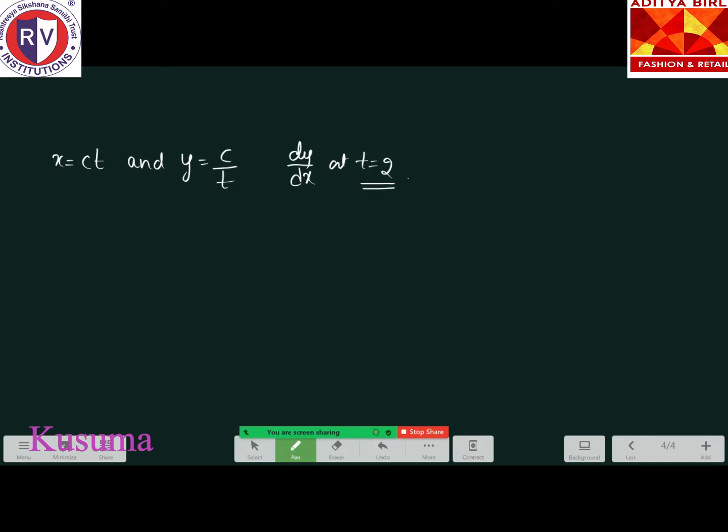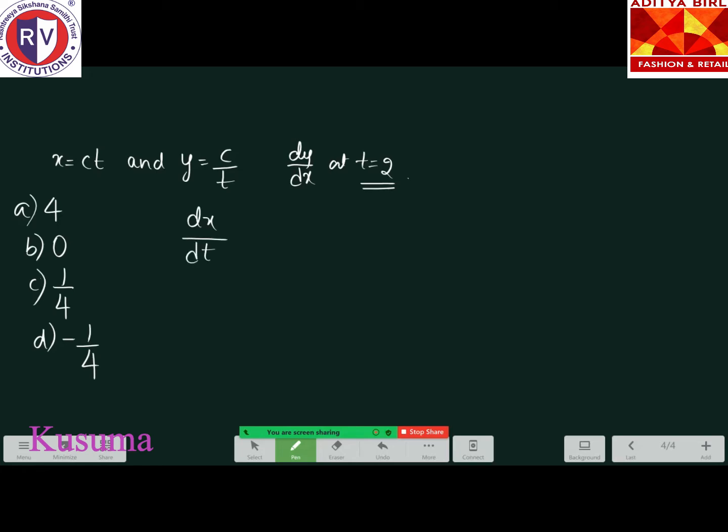That will give you the value of dy by dx at t is equal to 2. Okay, the options given here are option A is 4, option B is 0, option C is 1 by 4, and option D is minus 1 by 4. Okay, so this is quite easy. You can solve it easily.